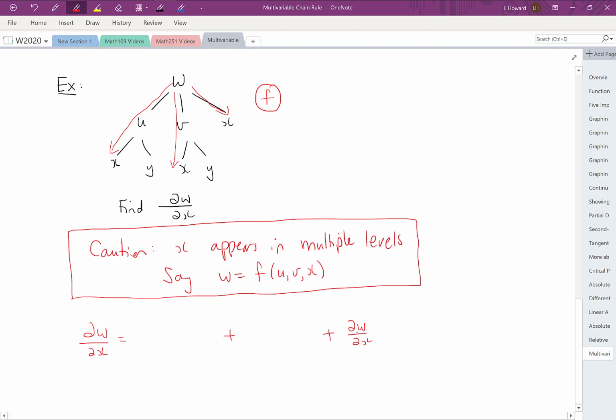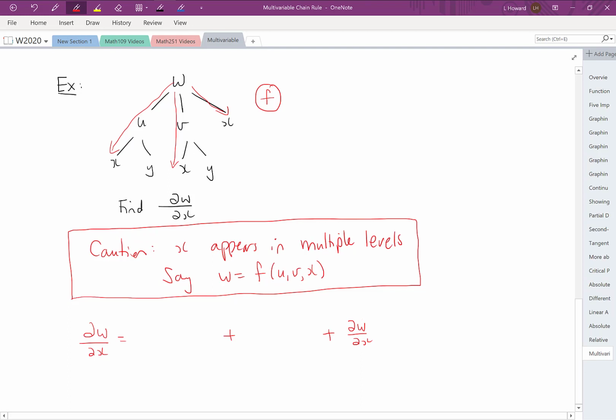Okay, and this is going to cause problems because see on the left how we've got partial derivative of w with respect to x. So this cannot be equal to itself plus some other stuff. The problem is that we're using the symbol partial derivative of w with respect to x in two different ways. And that in general is a very bad thing to do.